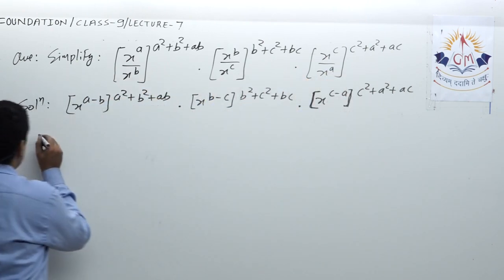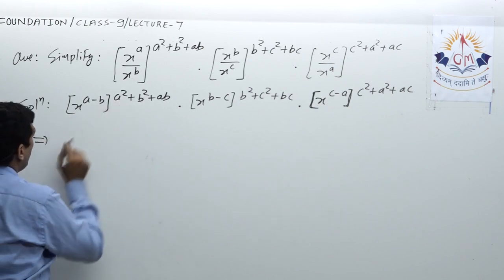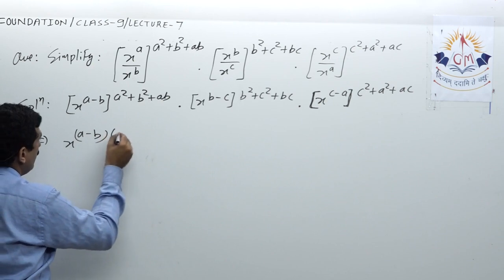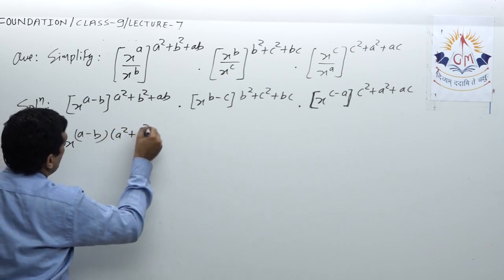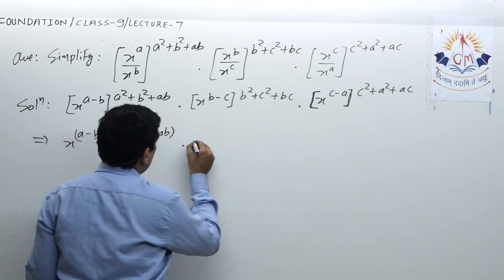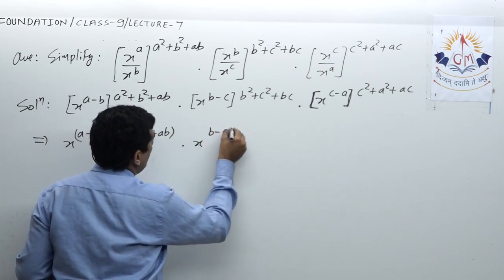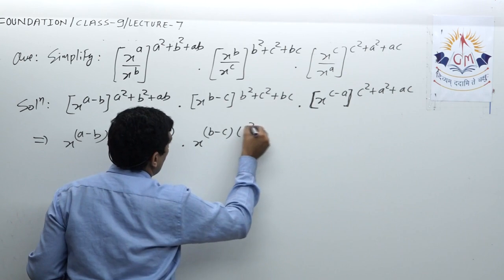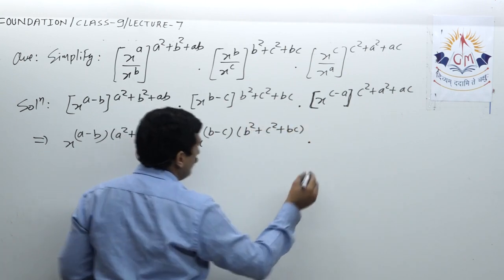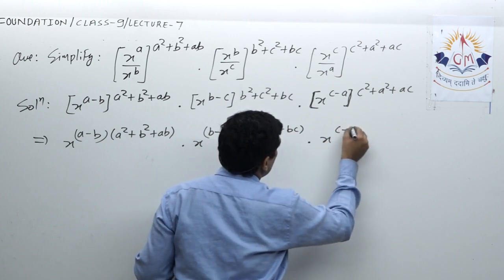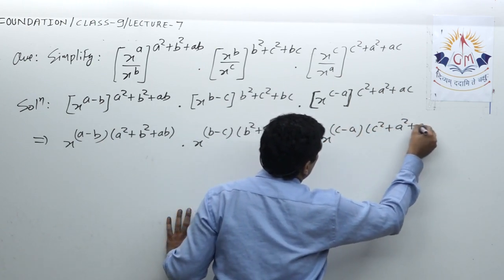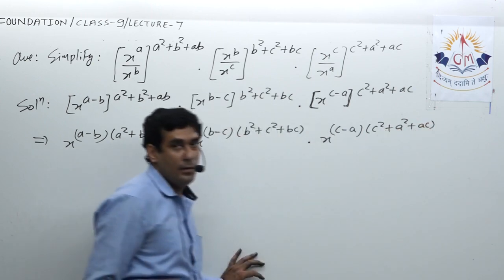Now next step I will apply the power law. So x raised to (a minus b) into (a square plus b square plus ab), into x raised to (b minus c) into (b square plus c square plus bc), into x raised to (c minus a) into (c square plus a square plus ac).